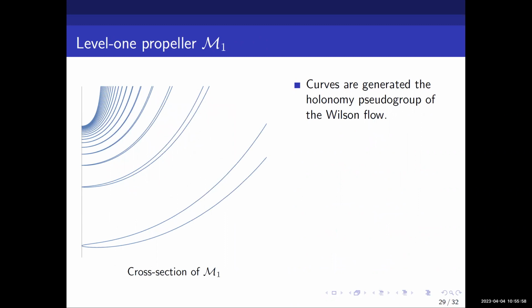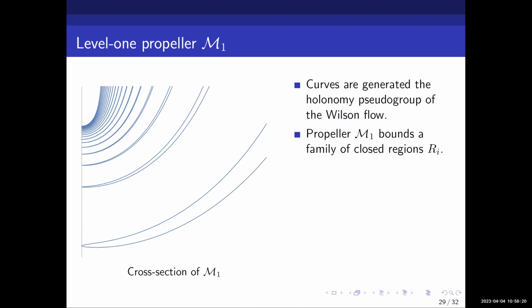And you can actually write those curves down. You can generate them by integrating the Wilson flow. It's not difficult to do, so you can actually calculate these things. This is your M1 propeller. This is level 1, let's call it.